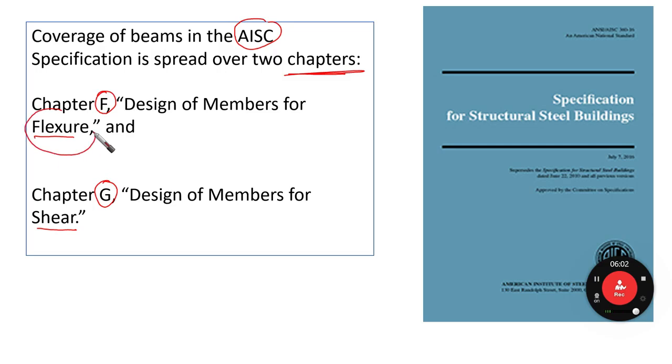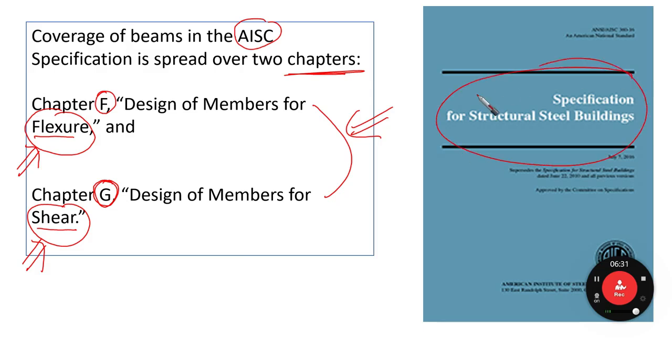Commonly, we are going to encounter these 2 main straining actions whenever we are designing a beam, flexure and shear. So we're going to find flexure in chapter F, and design of members for shear in chapter G. So these are the most frequently visited chapters whenever we are talking about beams in the specification for structural steel buildings. Okay.